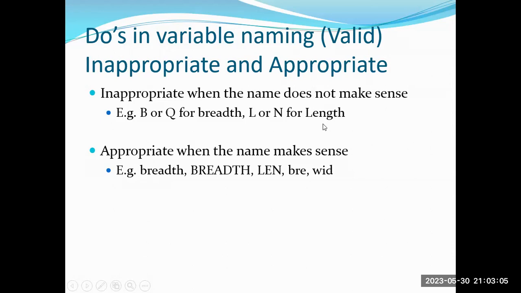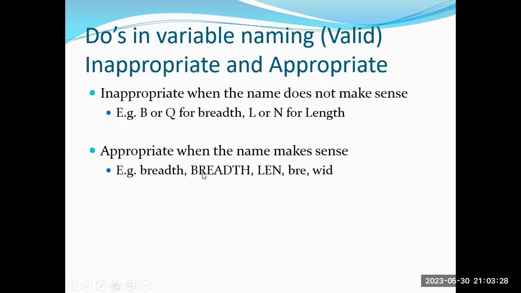Let's say you are creating a program to calculate the area of a rectangle, so you have length and breadth. Then for the length, you use B or Q. When anybody takes your program, he will not understand what you're trying to create. But it's appropriate when the name makes sense.